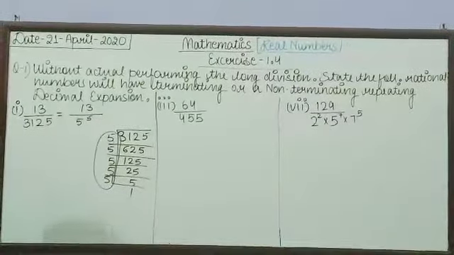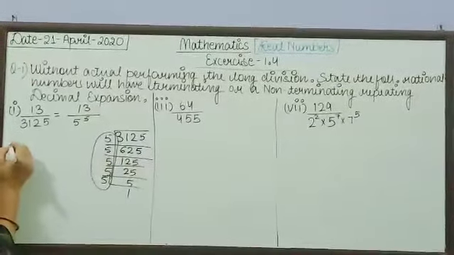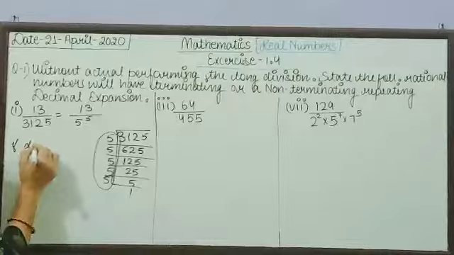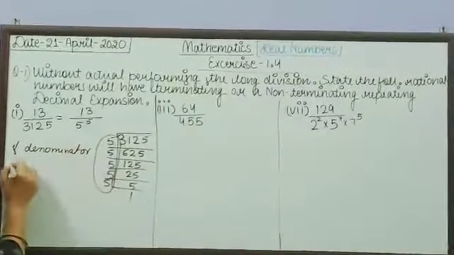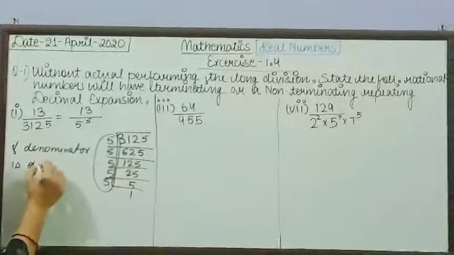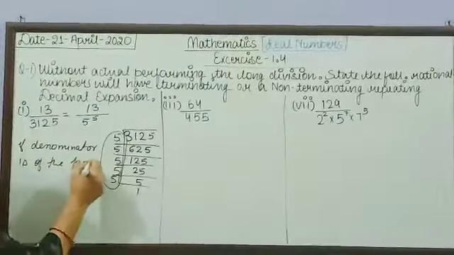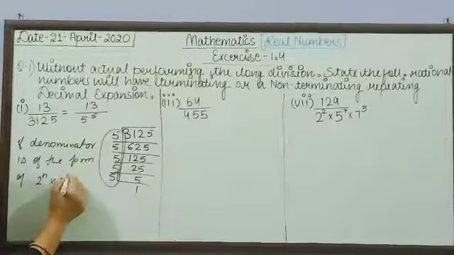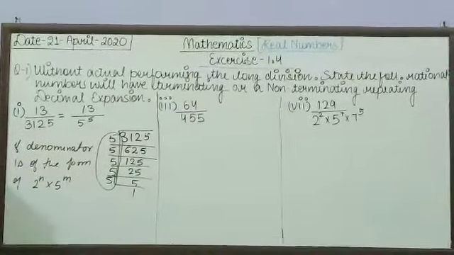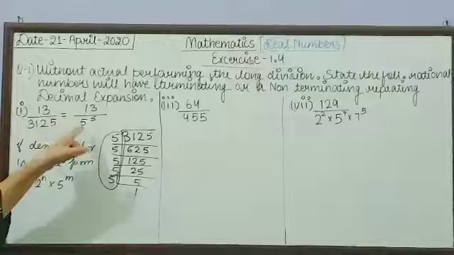As we have discussed, if the denominator is of the form 2 raised to the power n into 5 raised to the power m, then it terminates.